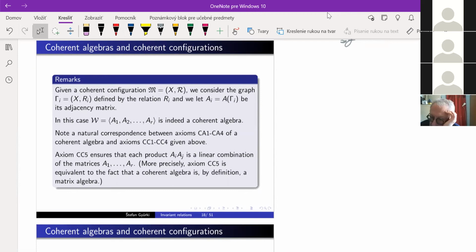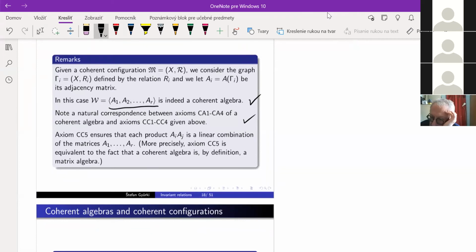So a few remarks about the definitions. If we have a coherent configuration, then of course the adjacency matrices of the relations are generating a coherent algebra. Simply, it is easy to see from the axioms.